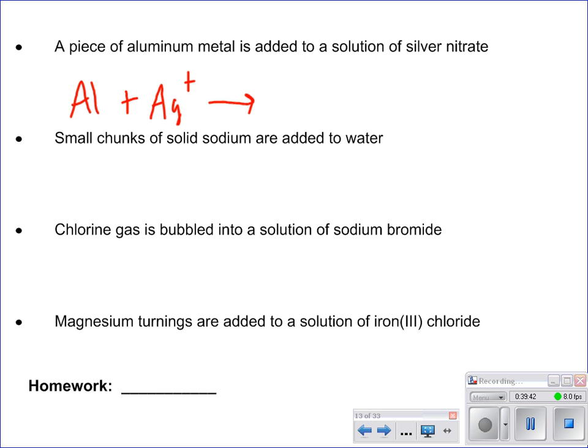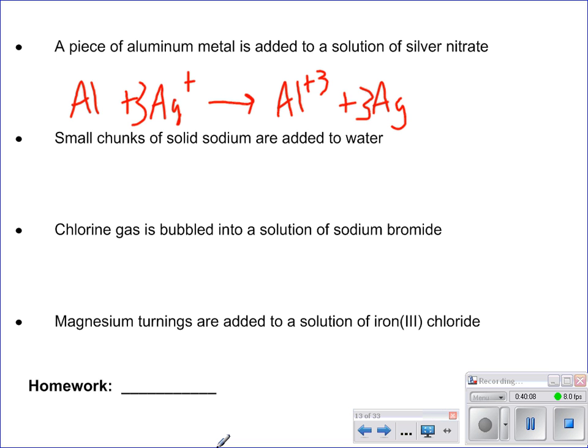Remembering that single replacement is modified redox. Can I make something go up and down? Al plus 3 and Ag. Okay? And then balancing this, we get 3 there and 3 there. Do you realize that when you did this problem before, you wrote it all out, split it up, and did all this stuff? You did it in one step here.